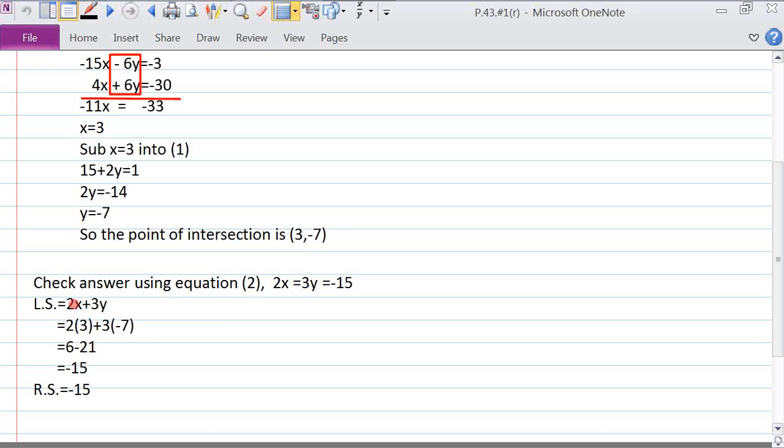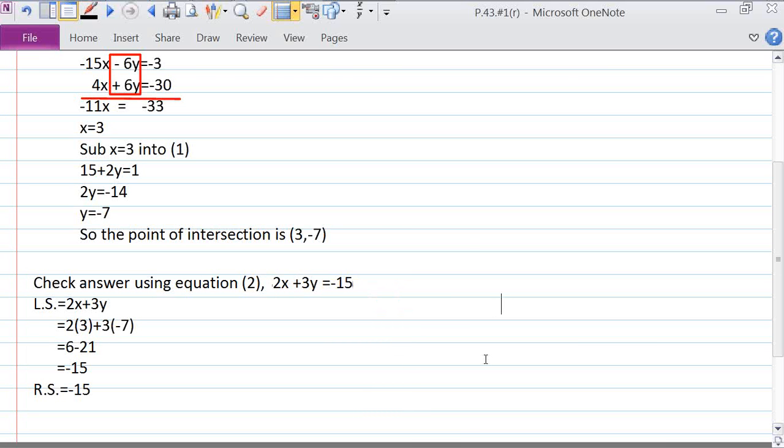I get 2 times x is 3 and 3y. Y is -7, so I get 6 minus 21, which is -15, and the right side of the equation is -15. So let me just change this over here, and I should have a plus sign here. I'm going to change that. There we are.